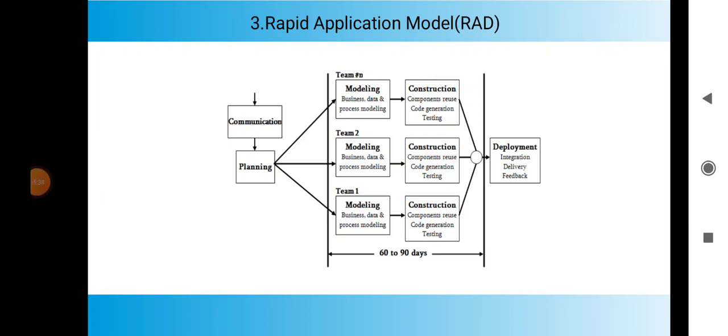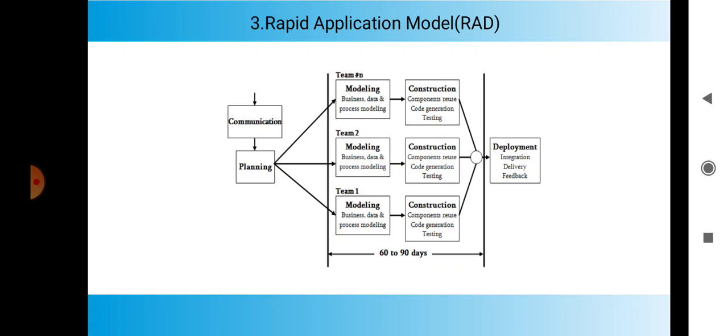The most important feature of the RAD model is increased involvement of the user or customer at all stages of the life cycle. That means communication, planning, modeling and deployment. This RAD model is a high-speed adaptation of the waterfall model.